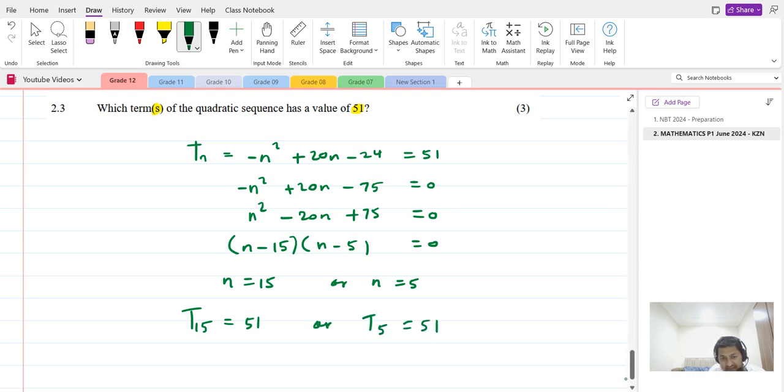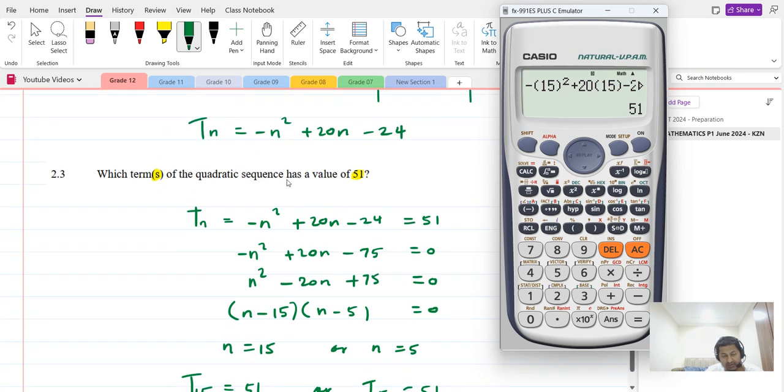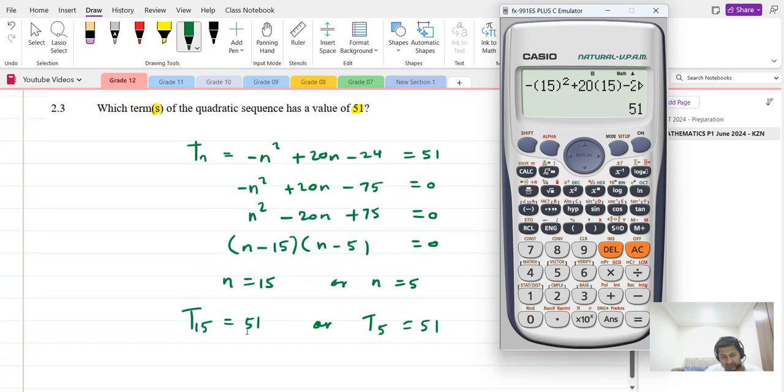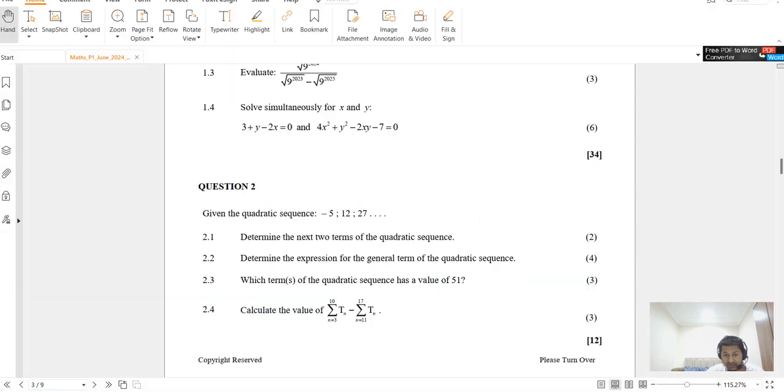We checked term 5, let's check term 15. So I'm going to put 15. Yes, so which terms of the quadratic sequence have a value of 51? Term 15 or term 5. So we wrote both. Good question that is.